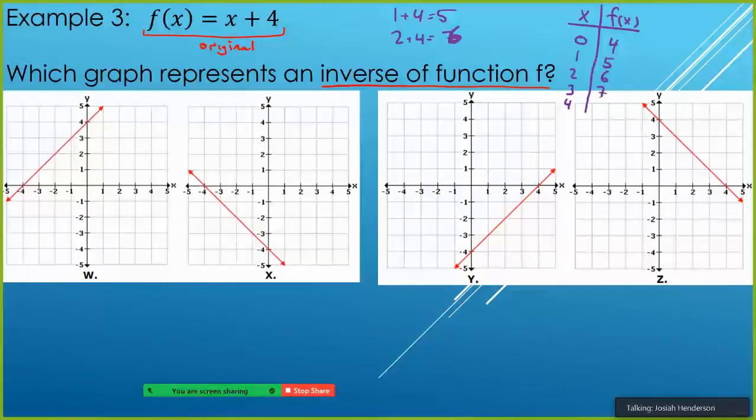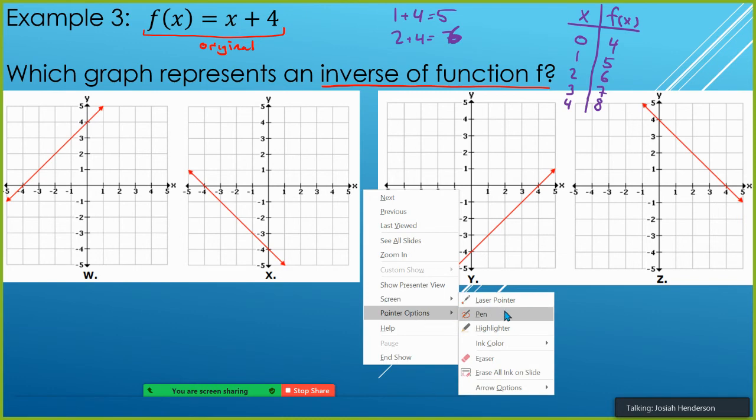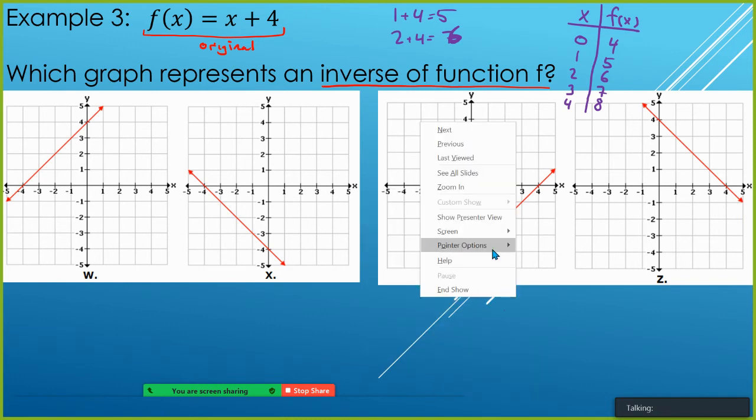And then we should get 7 and 8. So there's our table for the original. So now to identify the inverse graph, well, that's just like a table. Let's make this a different color next to it so it stands out to you, hopefully.